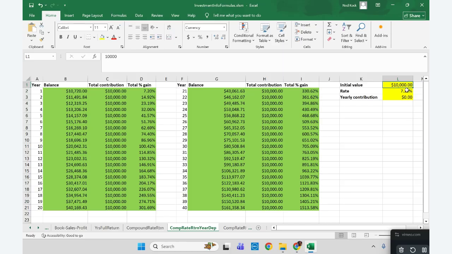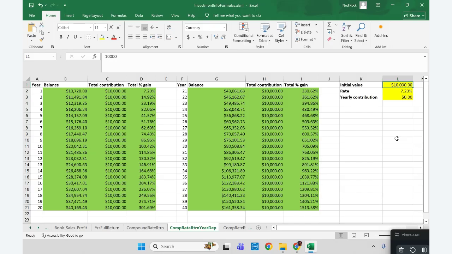So at a rate of return of 7.2% per year, your initial investment would double in 10 years, and then it would double again in another 10 years. The reason for this is that the 7.2 applies to the initial amount, and then you have a higher amount and the 7.2 applies to that, and so on. So this is sometimes what people refer to as the miracle of compounding.